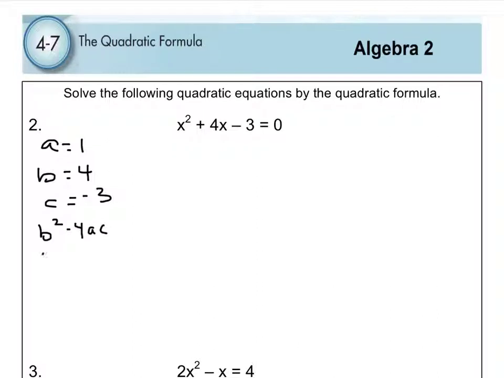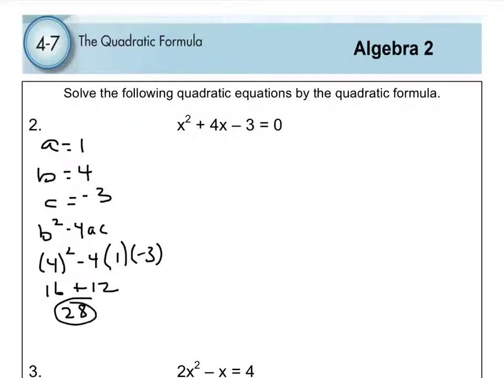So b squared is 4 squared minus 4 times 1 times negative 3. 4 squared is 16, and negative 4 times 1 is negative 4, and negative 4 times negative 3 is positive 12, so I end up with 28.